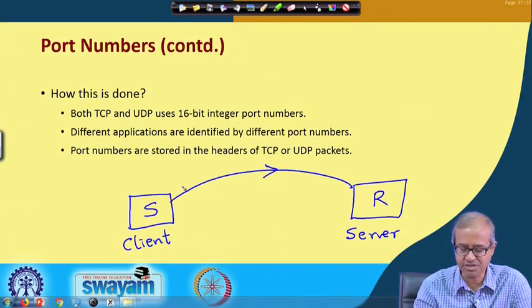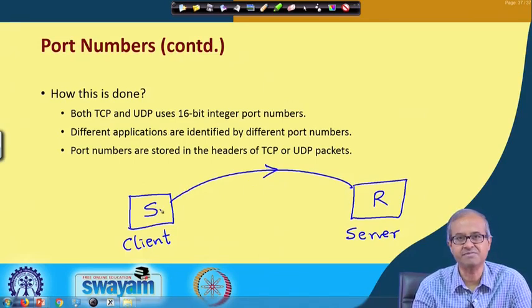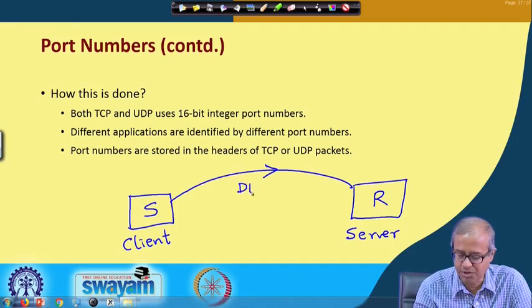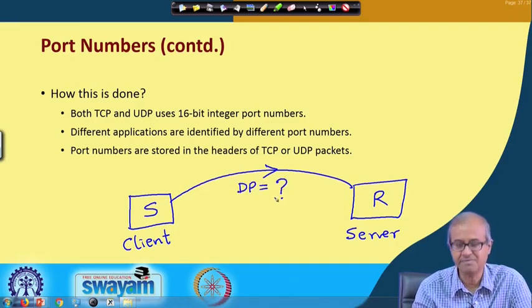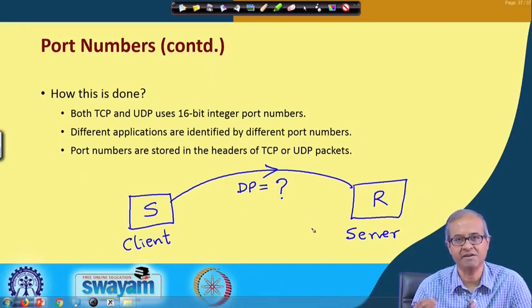With respect to the request, this is the sender, this is the receiver. Now, when it sends a request, the client is supposed to know which process at the other end it is trying to contact. So, the destination port number must be already known to the client. Okay. As I told you, for all the common applications, the destination port number is well defined, everyone knows about it. Okay.